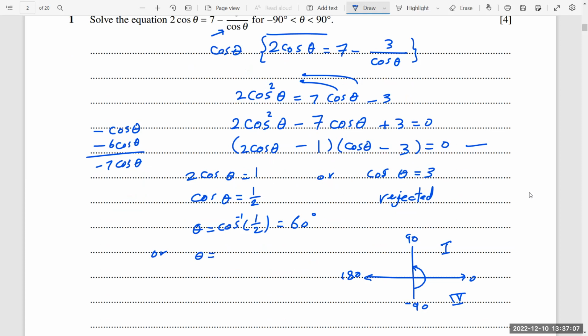Theta here is negative 60. You can write it because you know the cosine value here is half. Half means a positive value, and you know that cosine function is positive in the first and fourth quadrant. Okay, so you have two values for theta, 60 and negative 60.